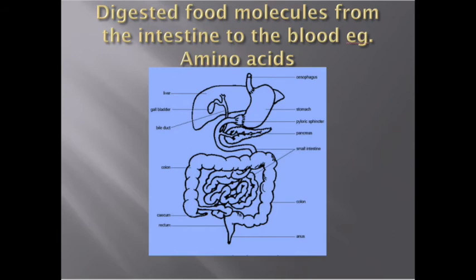And when digestion takes place, glucose, amino acids, fatty acids, and glycerol are produced. They enter into the blood around the intestine by the process of diffusion.